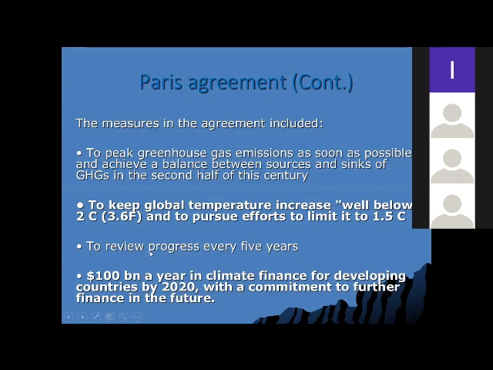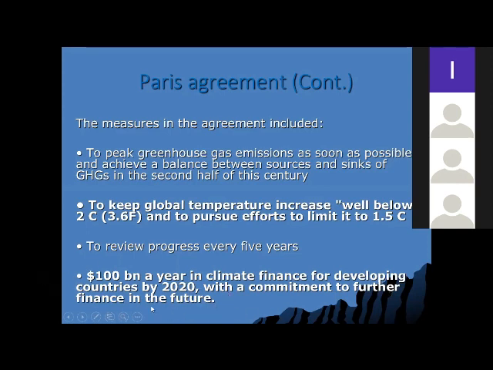That is one. Now, in order to do this, the developed world promised $100 billion a year in climate finance for developing countries by 2020. Now we have passed 2020, and this is not to be seen, not even close to that, with the commitment for further finance in the future.